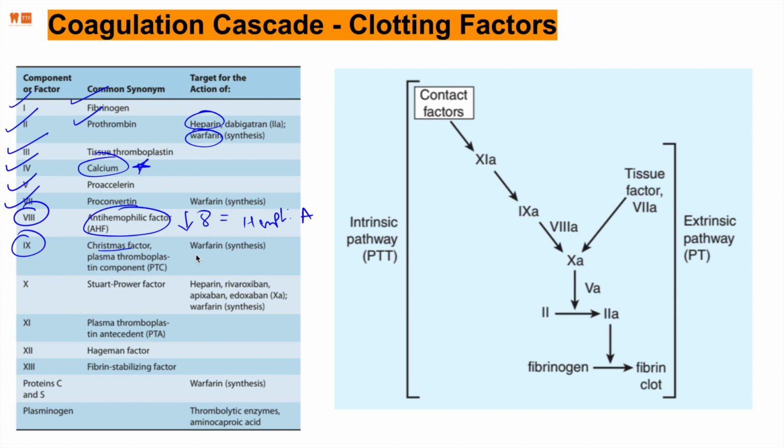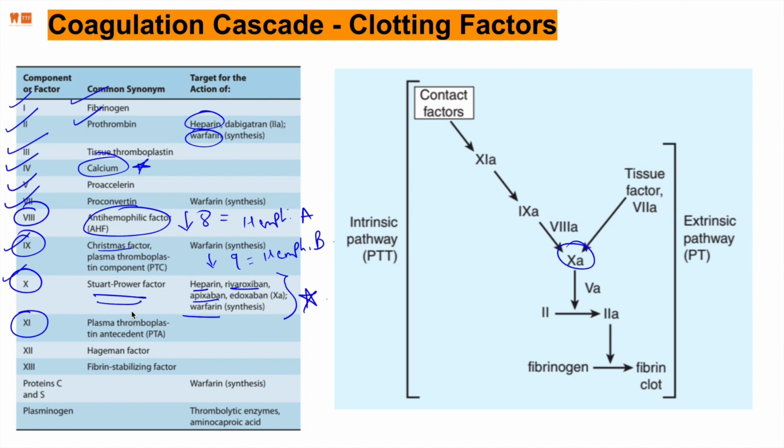Remember, when factor 9 is low, we have a disease known as hemophilia B. Factor number 10, very, very important, is also known as Stuart-Prower factor. And heparin, rivaroxaban, apixaban, and warfarin affect factor number 10. Most important factor, right? As soon as this is reached, coagulation will occur. So all of these drugs will target that area and prevent clot formation.